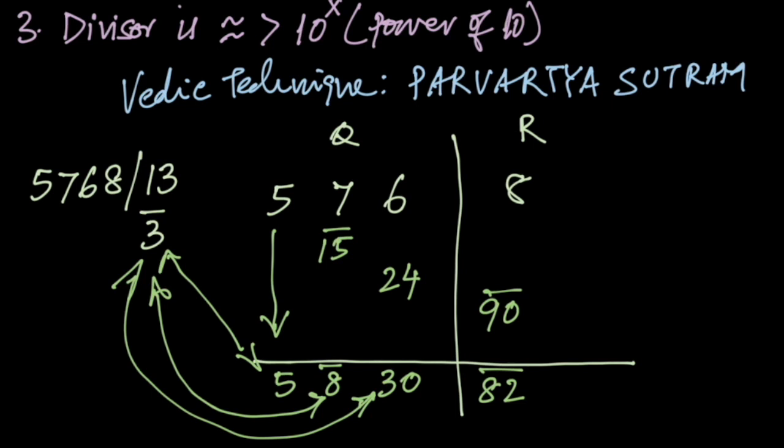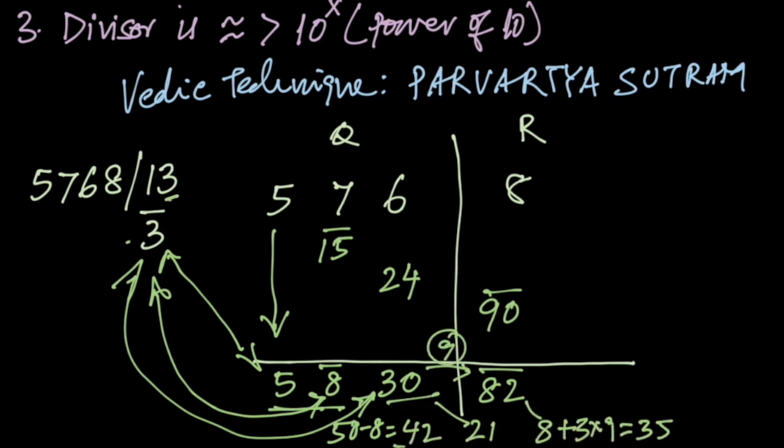So how do we simplify it? So 5 minus 8 is nothing but 50 minus 8, which is 42. And then we move 9 from 30 towards 82. So 90 minus 82 is 8. And since we have subtracted 9 from 30, we get 21 here.